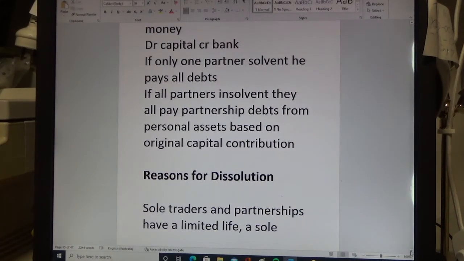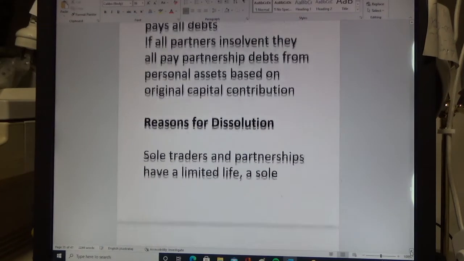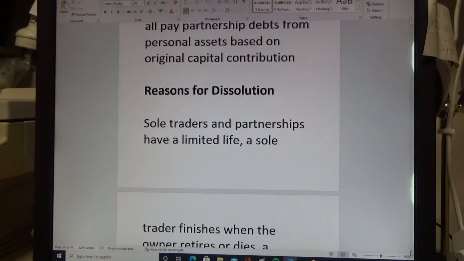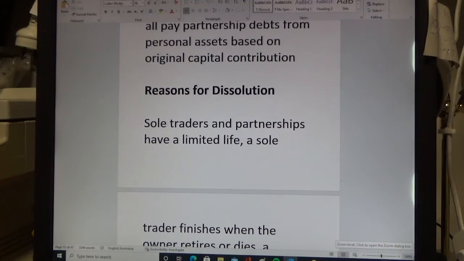Only when the partner becomes solvent again can you continue winding up the partnership. If all the partners are insolvent, they all pay partnership debts from their personal assets to get that capital structure back to where it was.